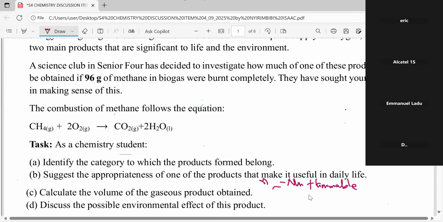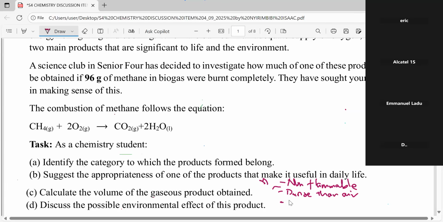That's my 4 answers. Summarize them now. Non-flammable. It is denser than air. Yes, you're saying it is denser than air.